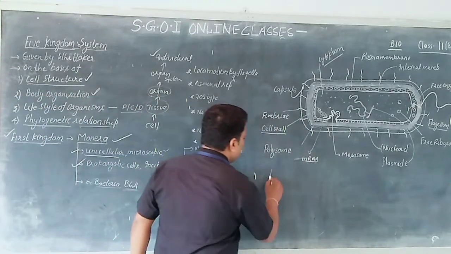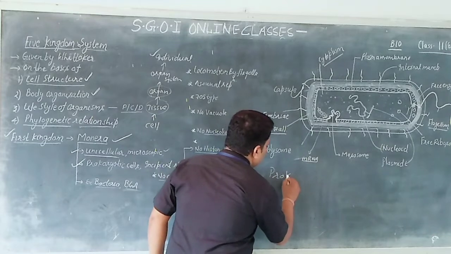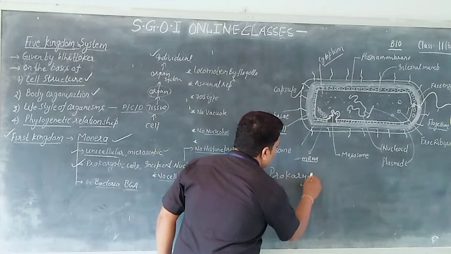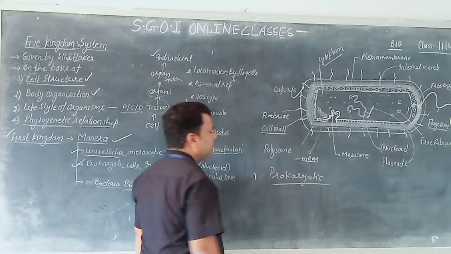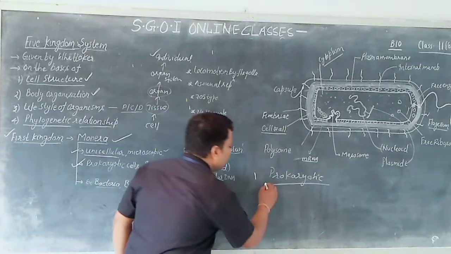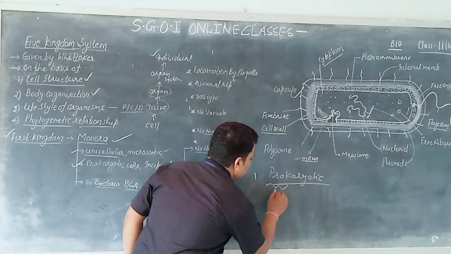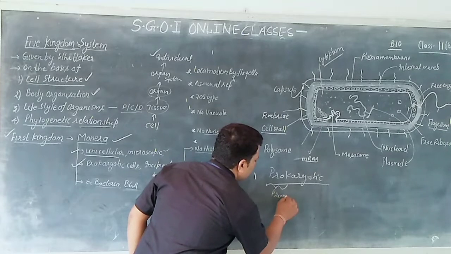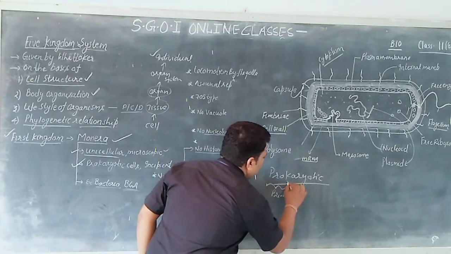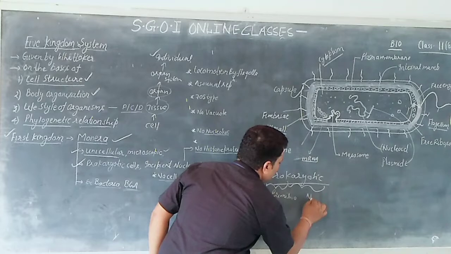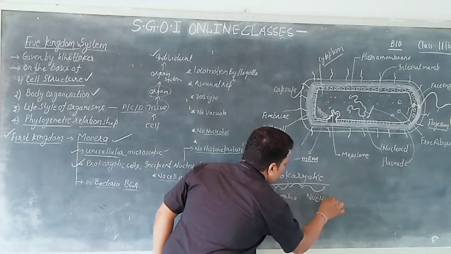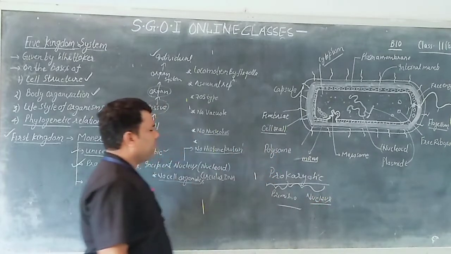What does prokaryotic mean? The term pro tells us primitive, and karyotic means nucleus. It means primitive nucleus.